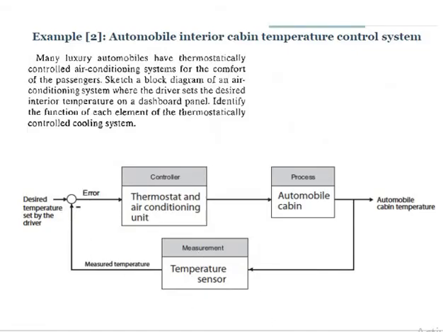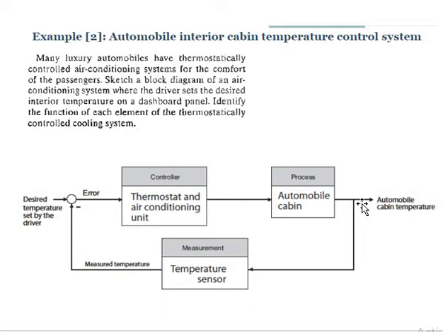Another example taken is the automobile interior. The thermostat will be there, the controller, and the desired temperature will be sent by the driver. So in the cooling system here, the thermostat will be there, and the air conditioning unit will be there. It will control how much temperature we can give to the cabin. After that it goes to the process in the automobile cabin. If it is correct at 18 degrees centigrade, the cooling effect temperature is 18 degrees, okay, it will go for cabin temperature.